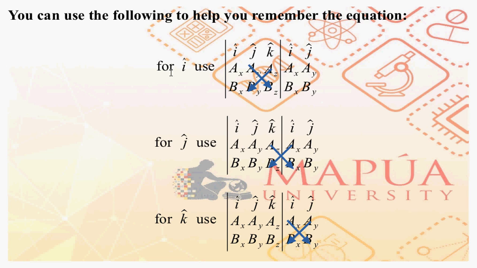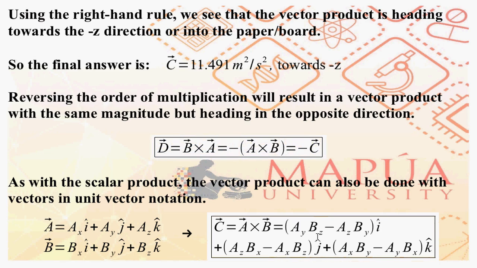For i hat, cover up the first column of i hat and then cross multiply the j hat and k hat columns. So AY times BZ minus AZ BY, that will give you the i hat. So again, AY BZ minus AZ BY. If we go to the previous slide, you got AY BZ minus AZ BY times i hat.